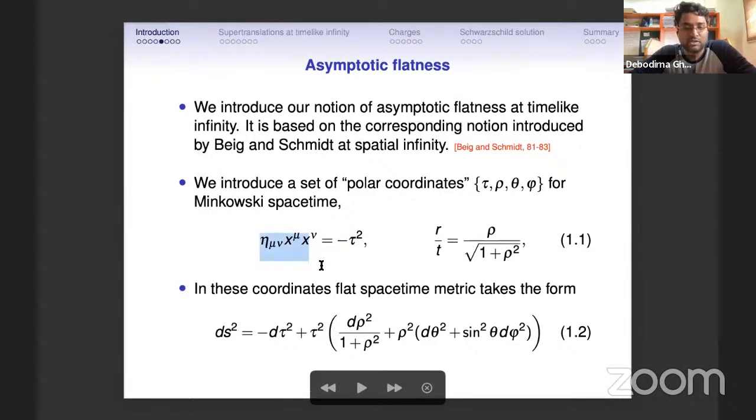Here, eta mu nu is the flat metric where most of the diagonal signs are positive. In these coordinates, the flat spacetime metric takes the following form, where the line element ds squared is equal to minus d tau squared plus tau squared times this line element. So this line element denotes a Euclidean AdS3 hyperboloid in the tau equals constant hypersurface.